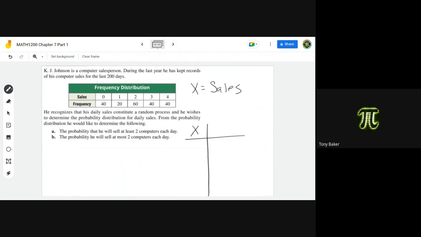Right. 0, 1, 2, 3, 4. Now we can make our probability distribution. What's the probability that I had 0 sales?